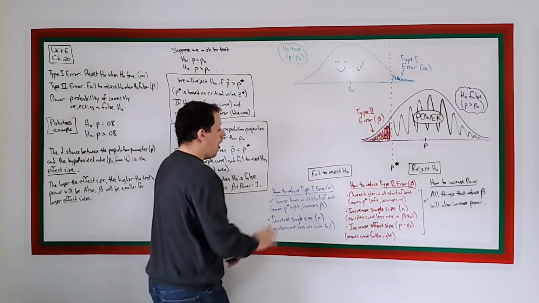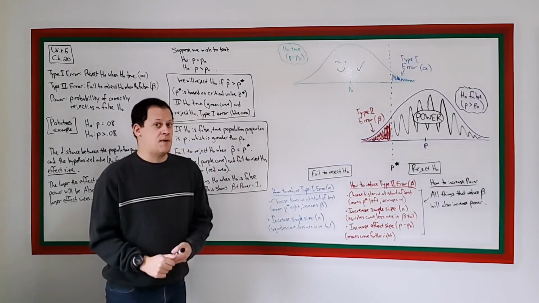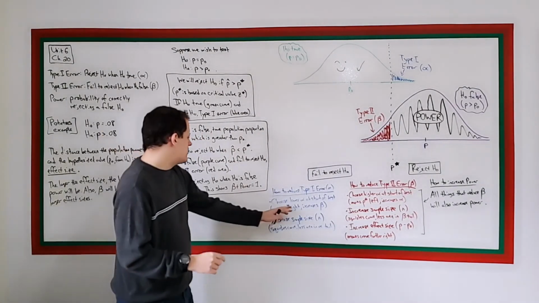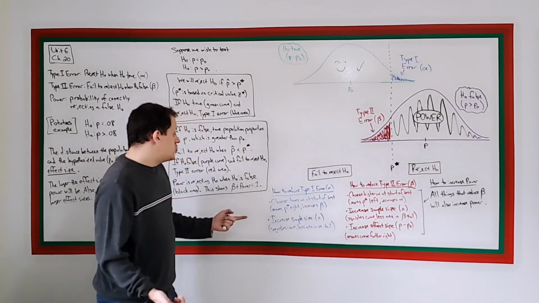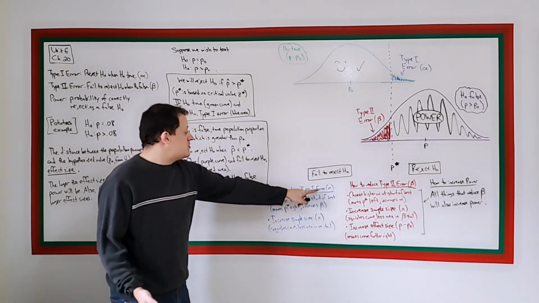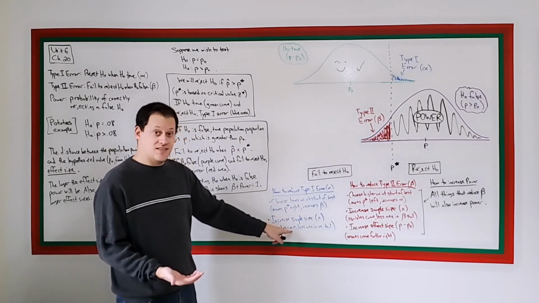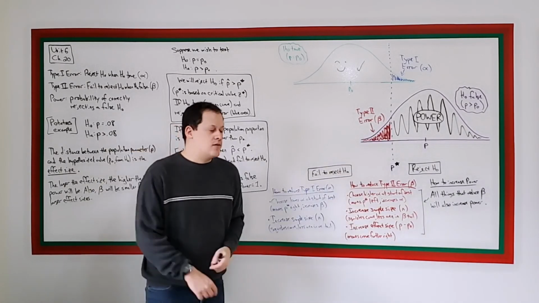Okay. All of the things that reduce the error and increase power would be the same. Some of the directions where I say move right or move left would be the opposite, but in general, you would still reduce type 1 error by lowering alpha or increasing sample size, and so on and so forth.